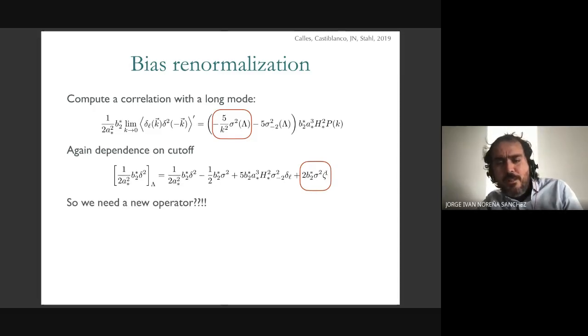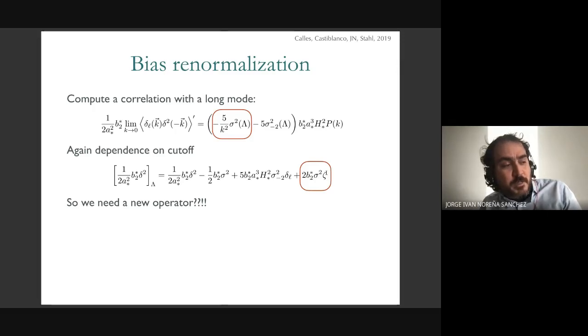So do we have to include this operator? If this were the case, then in your bias expansion you would get a scale-dependent bias with an arbitrary coefficient, similar to what you get in primordial non-Gaussianity, and it would be very hard to tell primordial non-Gaussianity apart from this relativistic contribution.